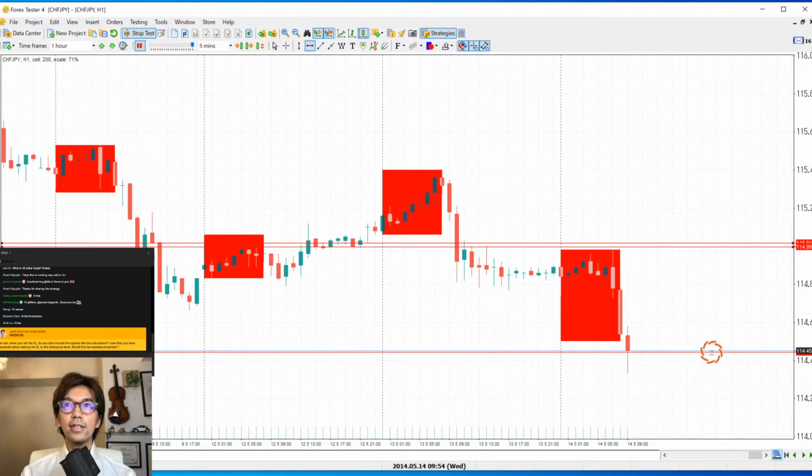In this case, we better wait for the candle close. This breakout candle is still forming. If the candle close is below the box, then that will be a decent breakout. So let's just wait for the candle close and see if it can sell.